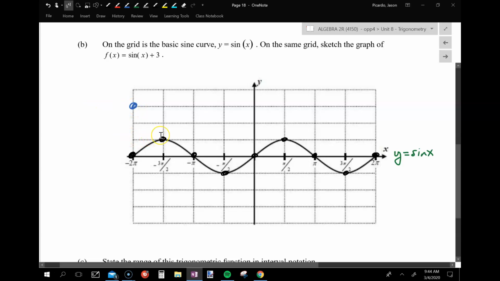And this point right here is going to go up 1, 2, 3. And I get a curve that looks like this: y equals sine of x plus 3.